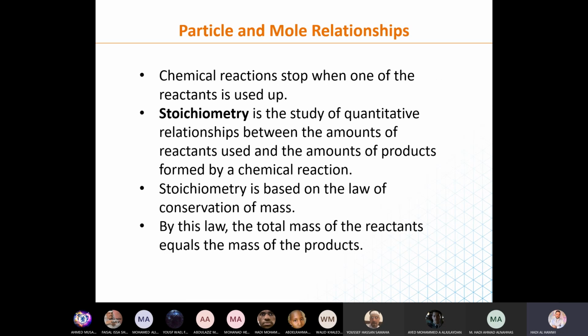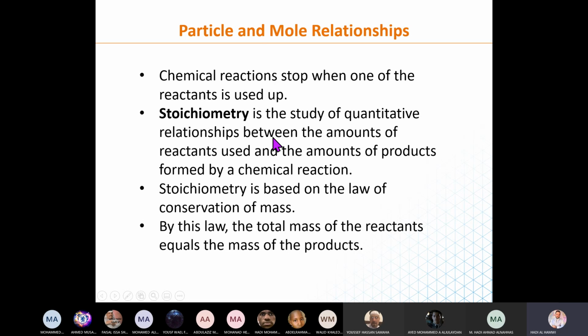Also, we said that if one of the reactants is used up, the chemical reaction will stop. For example, if A and B are the reactants, and one of them is used up, the reaction will stop. It will not proceed. We also defined the term stoichiometry last time. We said that it's a quantitative study between what and what?